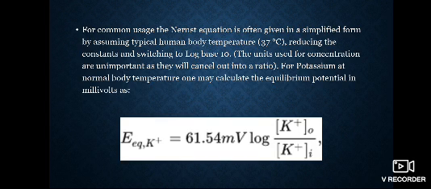For common usage, the Nernst equation is often given in a simpler form by assuming typical human body temperature, reducing constants and switching to log base 10. The units used for concentration are unimportant as they will cancel out into a ratio. For potassium at normal body temperature, one may calculate the equilibrium potential in millivolts.